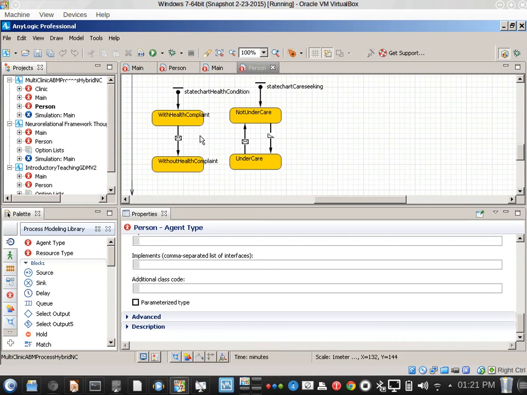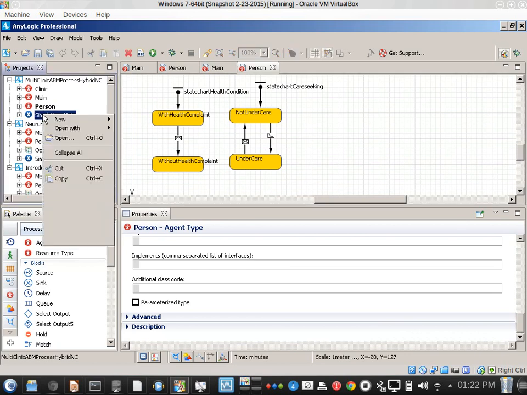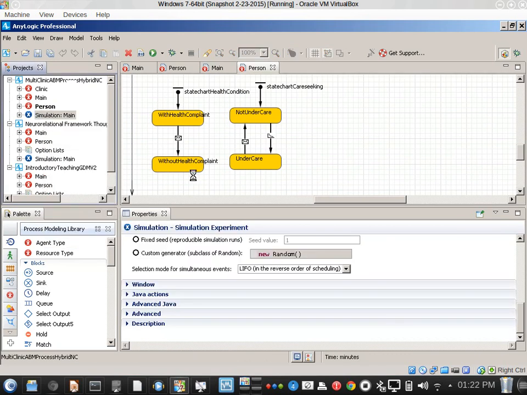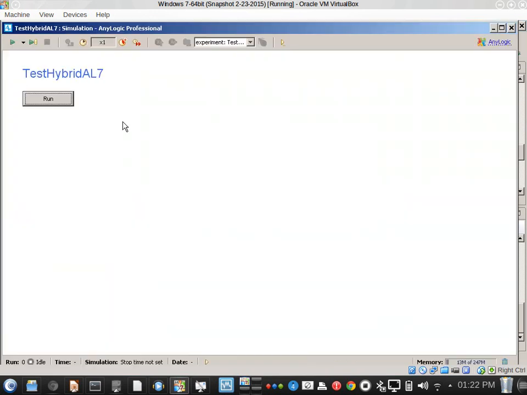And we have care-seeking behavior, which brings people to come under care. If you run this model, what you'll find is that we have people in the population, shown in red in the initial population.